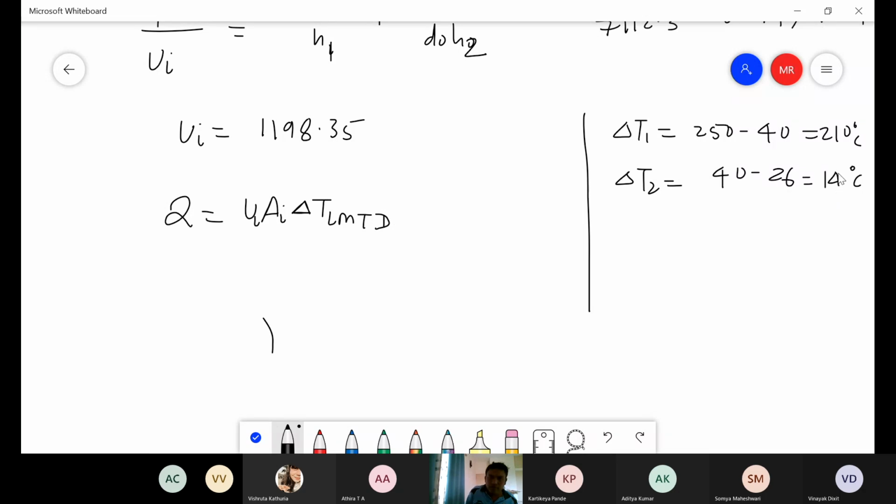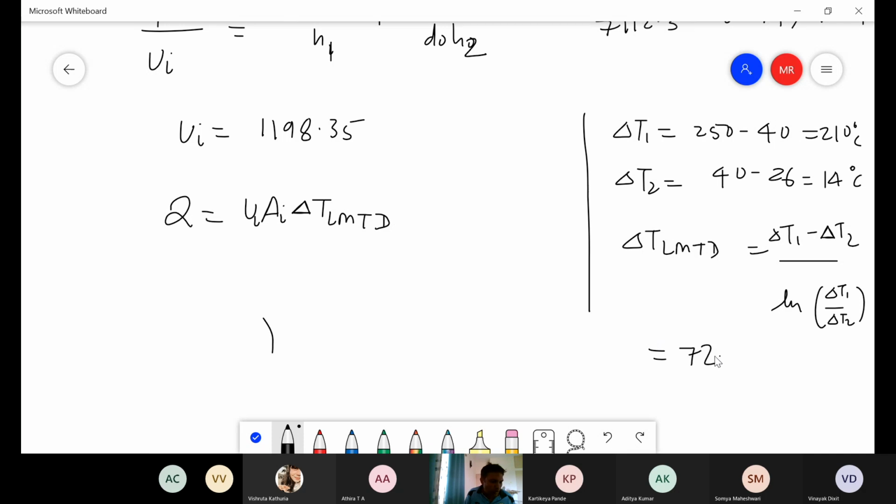Delta T LMTD is defined as delta T1 minus delta T2 divided by ln delta T1 by delta T2. So if we put the values here, delta T LMTD comes around 72.4 degrees Celsius. So I can put it in this equation.